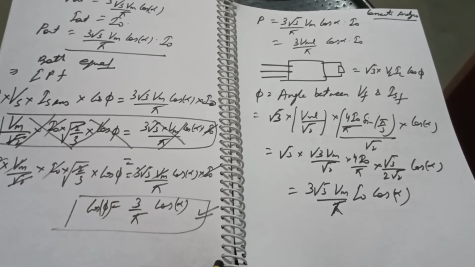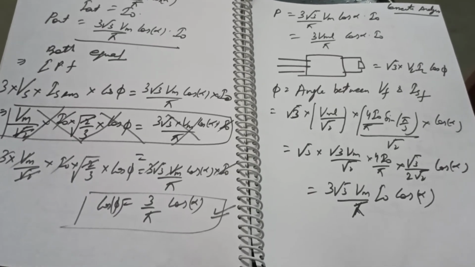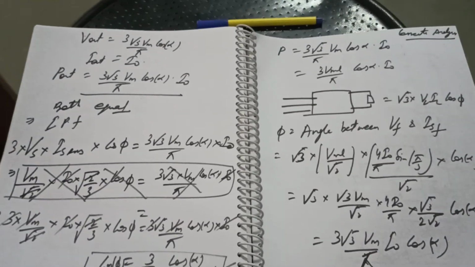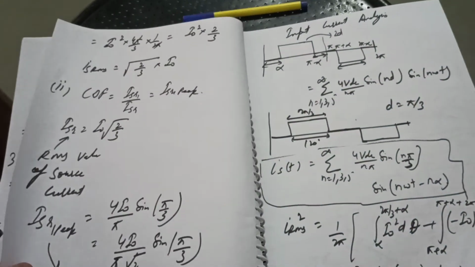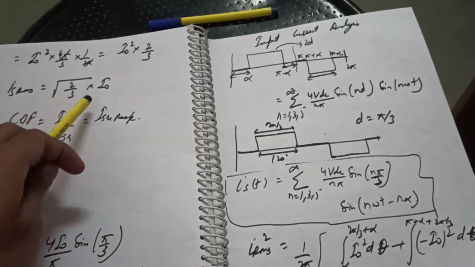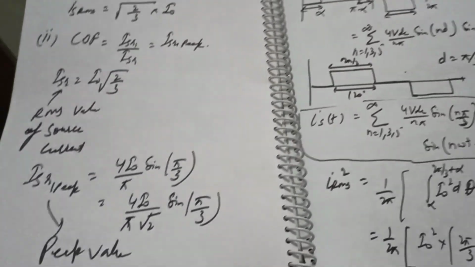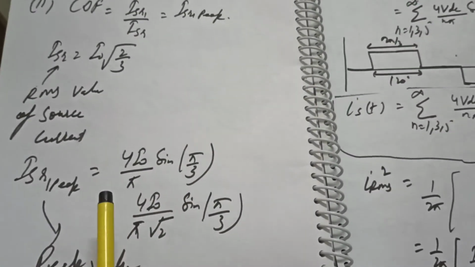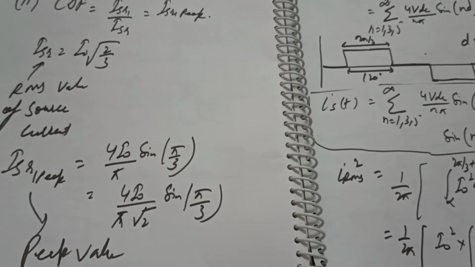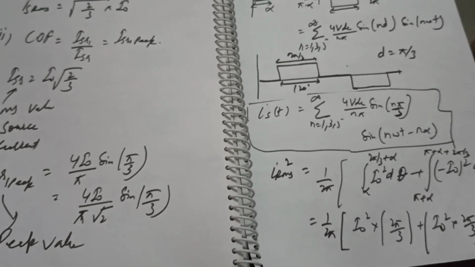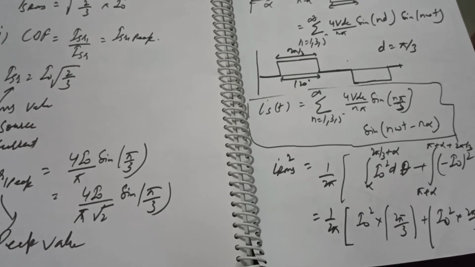I had shown you that value, and that is I naught into under root 2 by 3. This is the value, under root 2 by 3 I naught. Okay, and I have also shown you the peak value of the fundamental current, that is 4 I naught by pi sine pi by 3. Till this point it is very clear, there is no doubt.